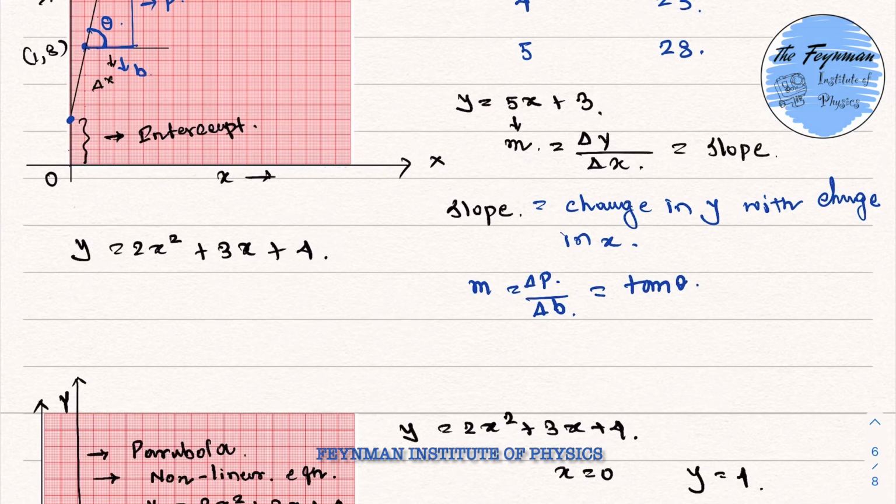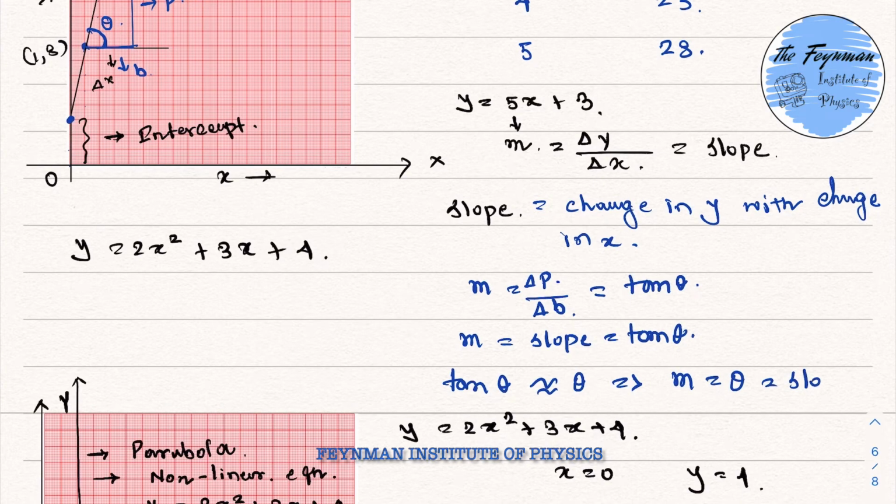So m is equal to slope is equal to tan theta. And as we know, when theta is very small, tan theta is nearly equal to theta. So that is why we can write m is equal to theta is equal to slope.